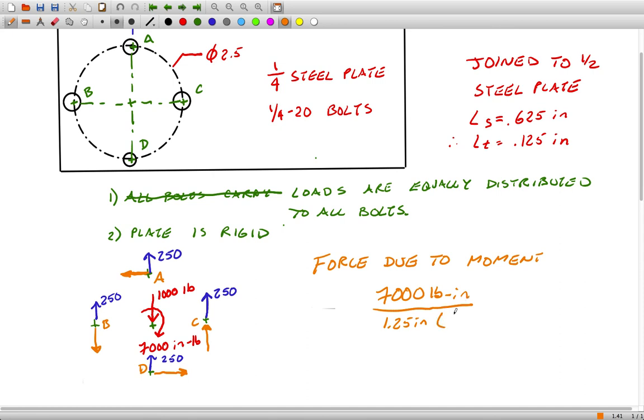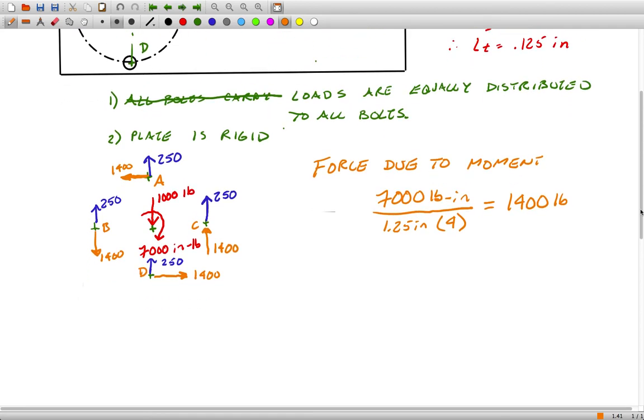If we then also divide by 4, that gives us the amount of that force that's carried by the individual bolts. And from that we get 1,400. So again here, the magnitude of the force due to torsional shear is the same everywhere, but when we combine that with the 250 pounds, it's going to vary from bolt to bolt.